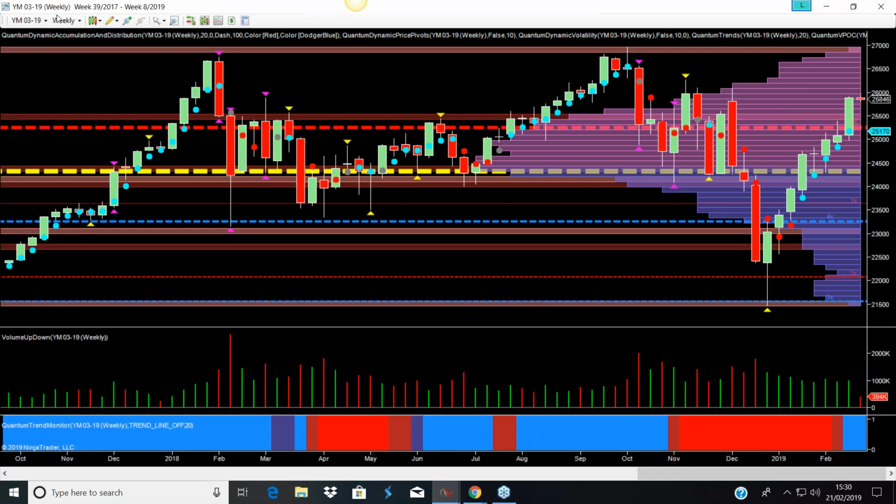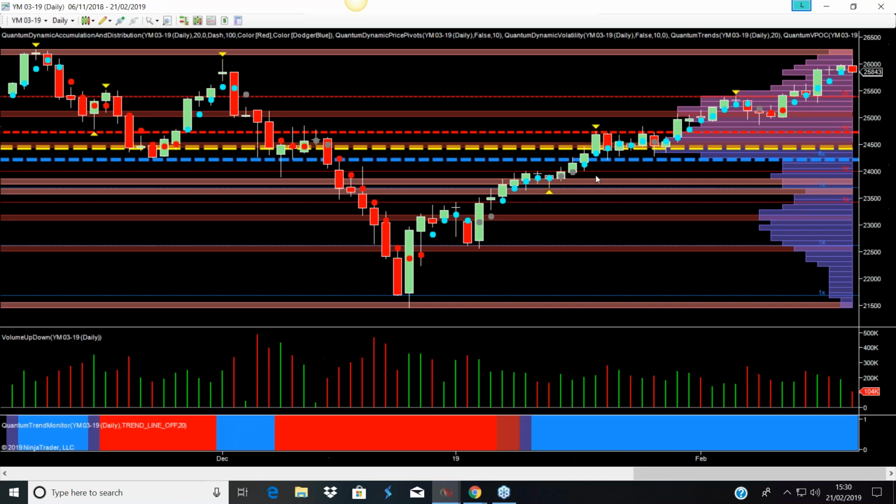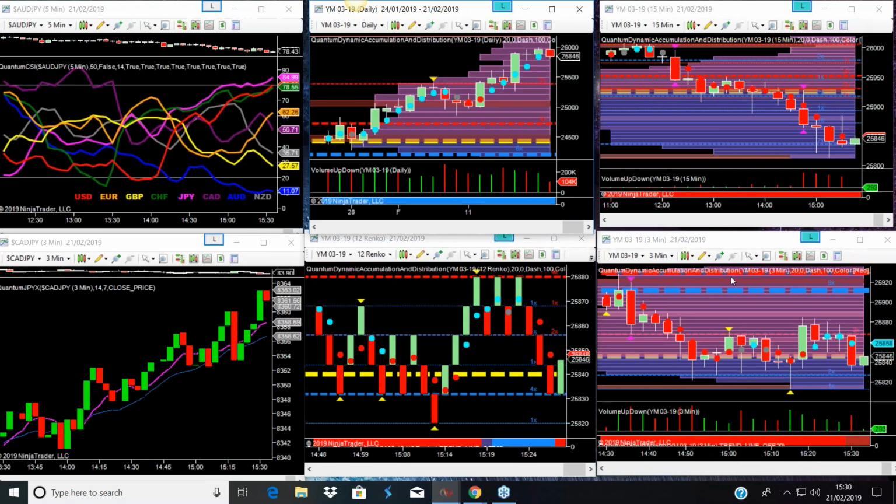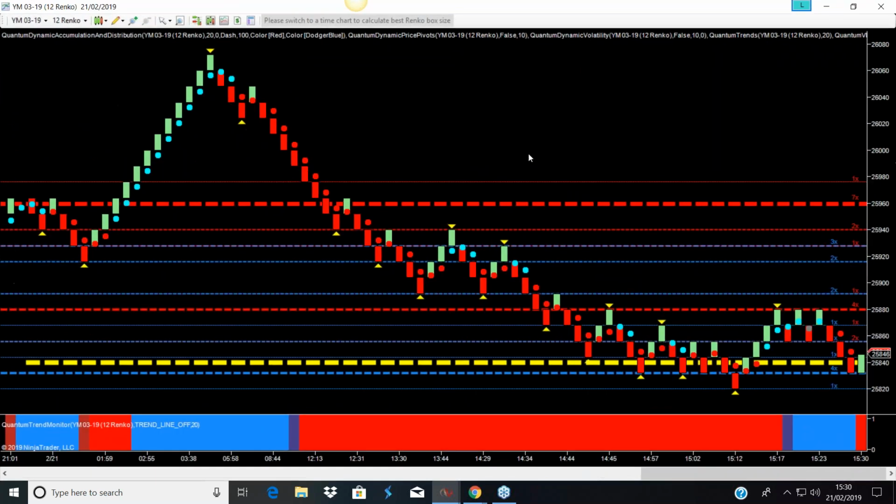Go back to the YM, because we've seen some really nice price action on the day, certainly since the markets opened. Let's have a look on the daily chart. There we are. This is the daily candle, and let's look at the Renko, and this is the move down for the Renko. We can see there have been some attempts to rise.